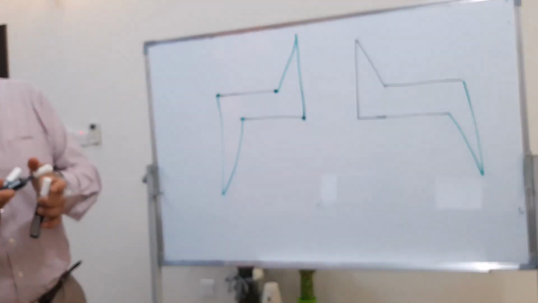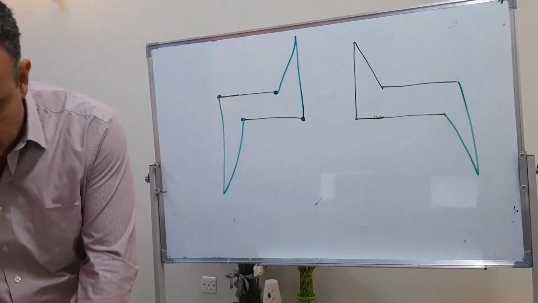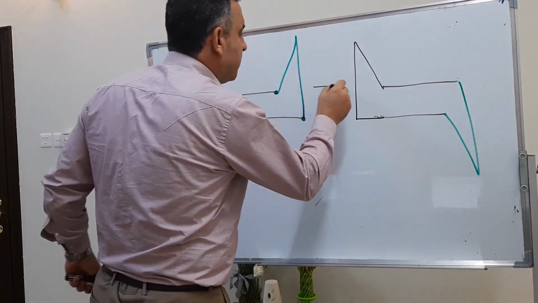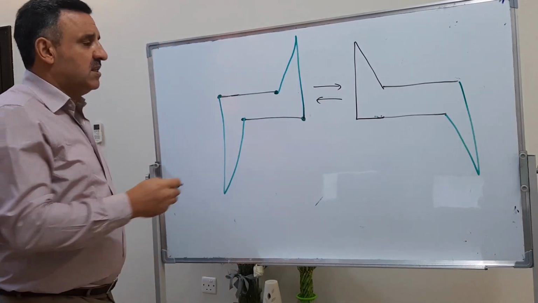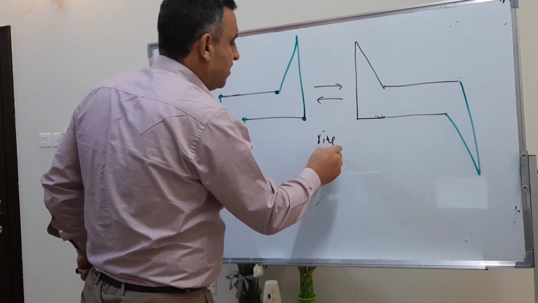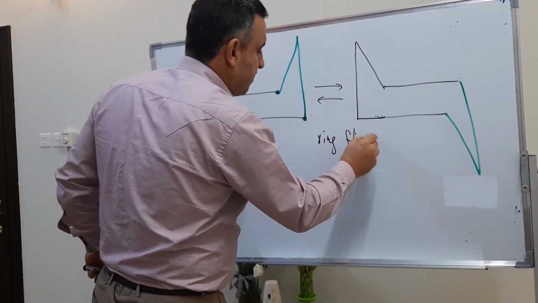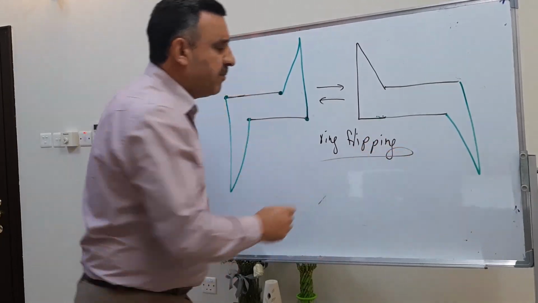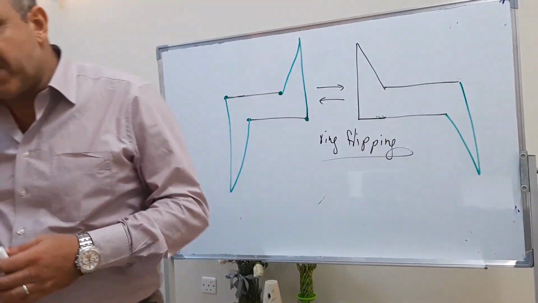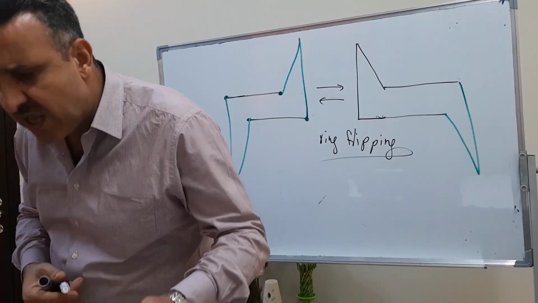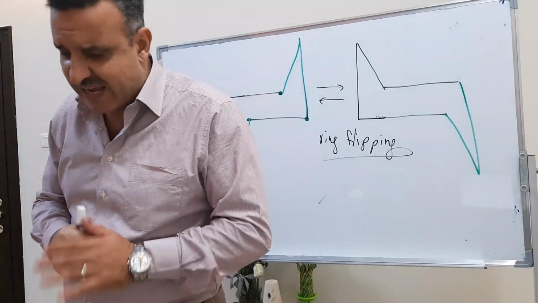These two conformations are what we call ring flipping of each other. As we said, upon ring flipping, every axial becomes equatorial and every equatorial becomes axial.